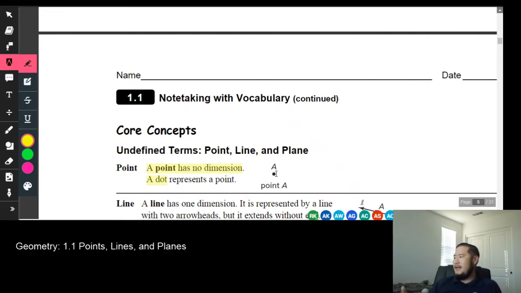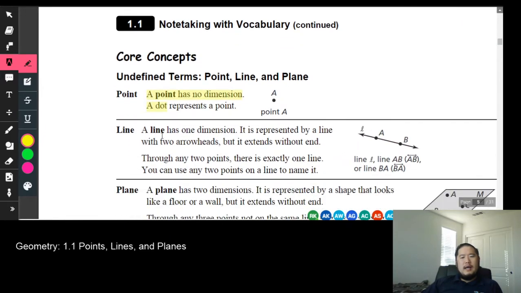It could be in space, on a wall, on a plane, or on a line. There are two ways for us to label them. We typically write a letter to represent that point, next to the dot, or we could also say point A.